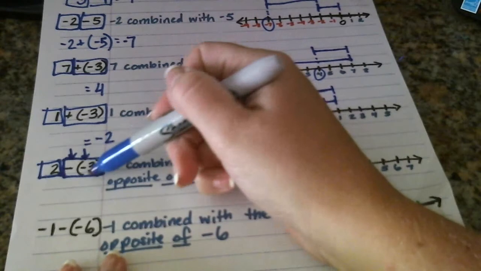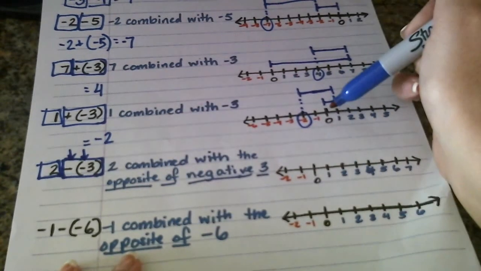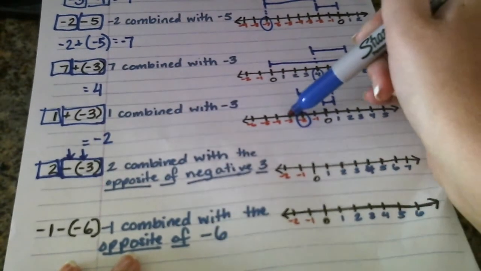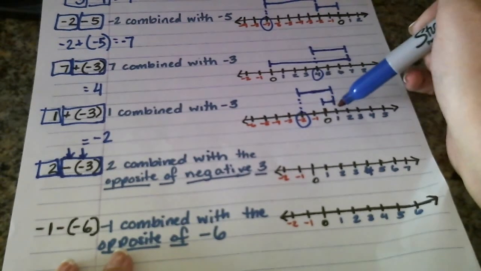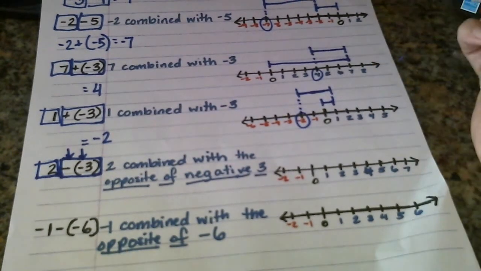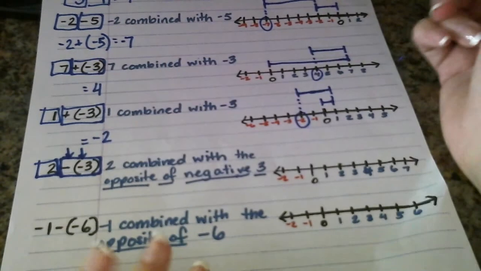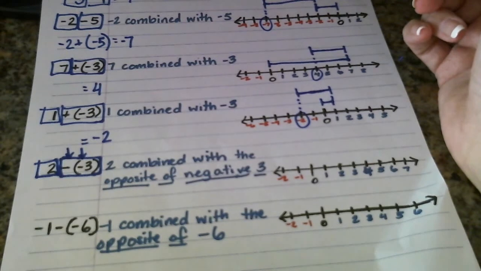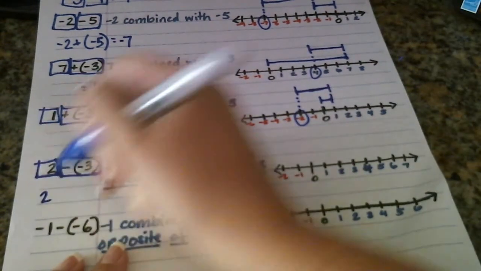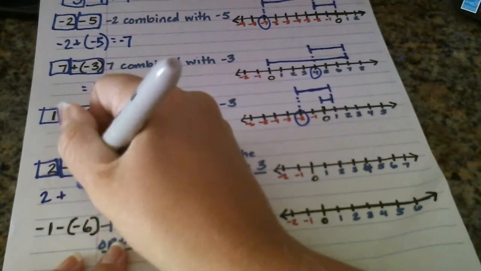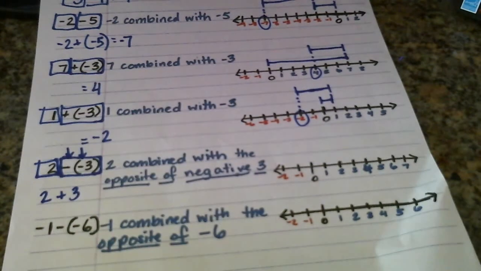So if negative 3 says move left 3 spaces, 1, 2, 3, then the opposite of that would be moving right 3 spaces, 1, 2, 3, which takes me to a positive 3. The opposite of a negative number would be its positive counterpart. So what I've got here is really 2 combined with a positive 3.